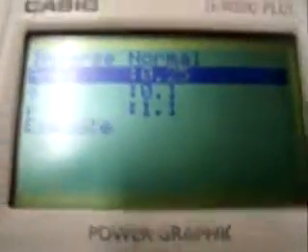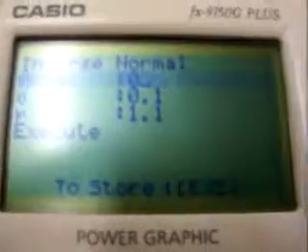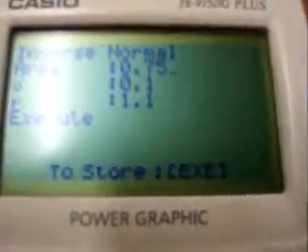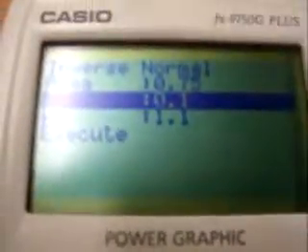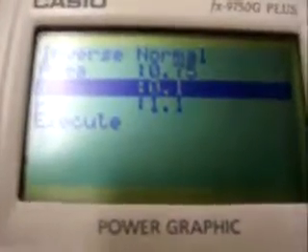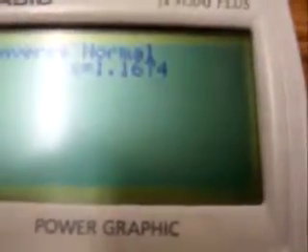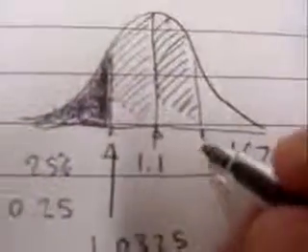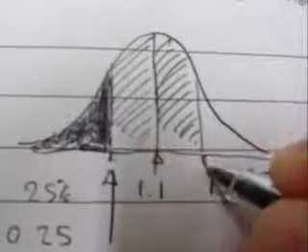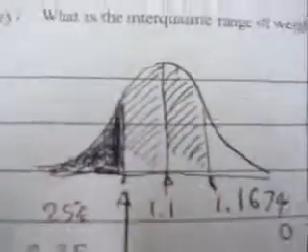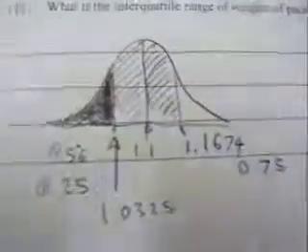Let's exit here to go back to this here and change 0.25 to 0.75. Press EXE and then keep the mean and the standard deviation the same. Press EXE again and we get 1.1674. Okay. So we know here this value here is 1.1674.